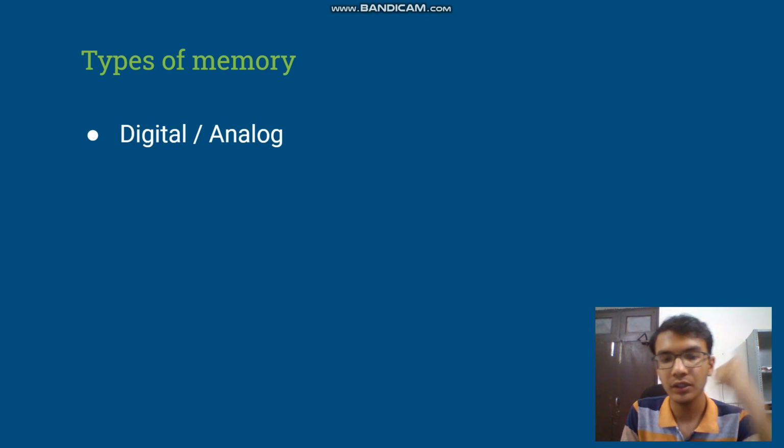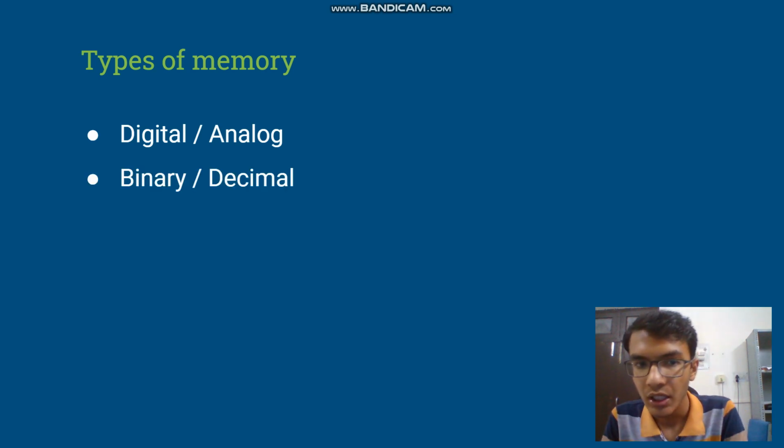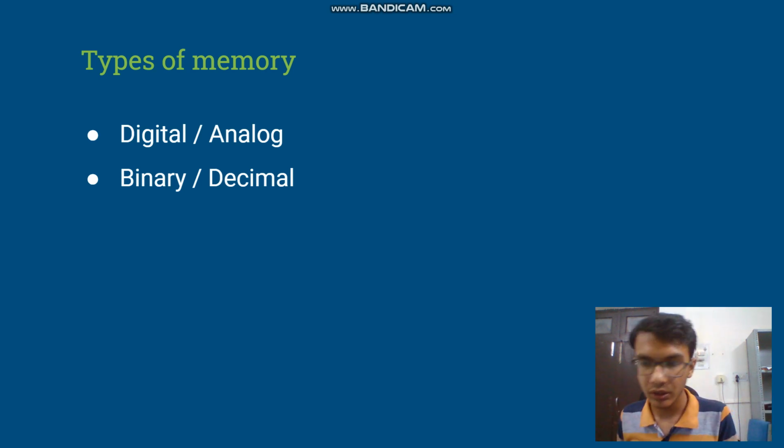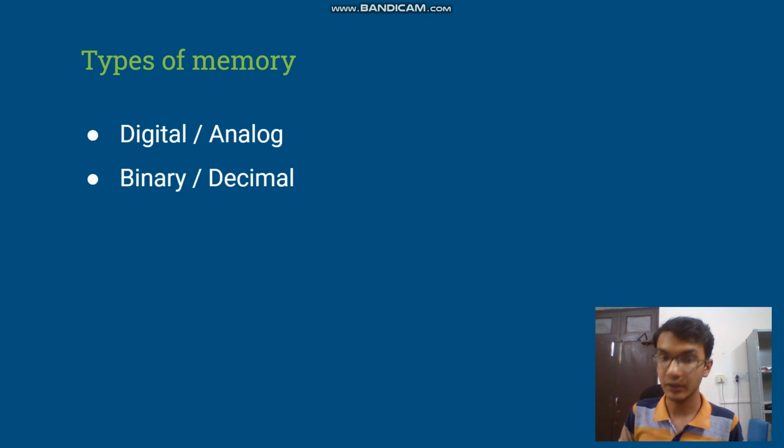In digital we could also use decimal or other kinds of storage systems, but binary is used because at present we only have the technical capability to process and store data in binary form.